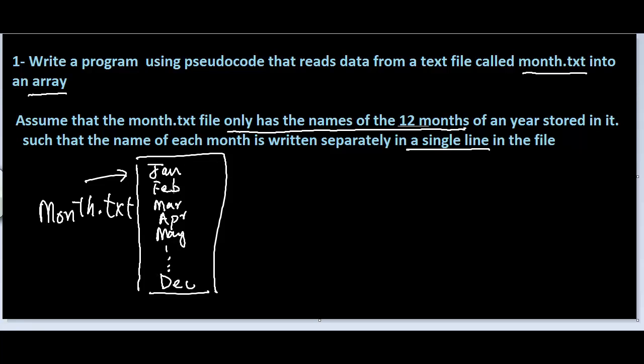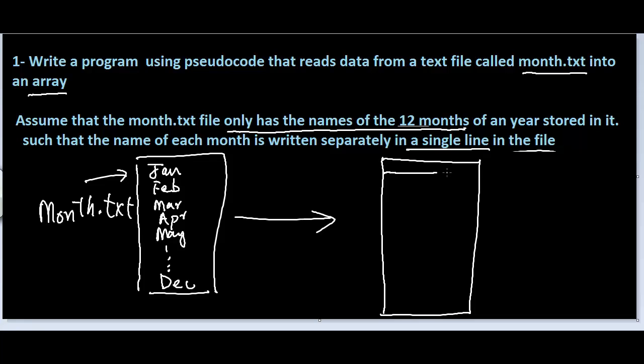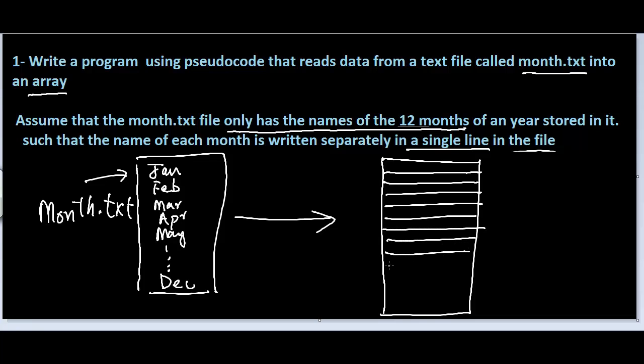So all the 12 months, such that each month is on a separate line, and we're supposed to load this into an array, right? So this array that we're going to set up should have 12 boxes, right? 1, 2, 3, 4, 5, 6, 7, 8, 9, 10, 11 and 12, such that we're going to have January here, February here, March here, all the way down till December, right?